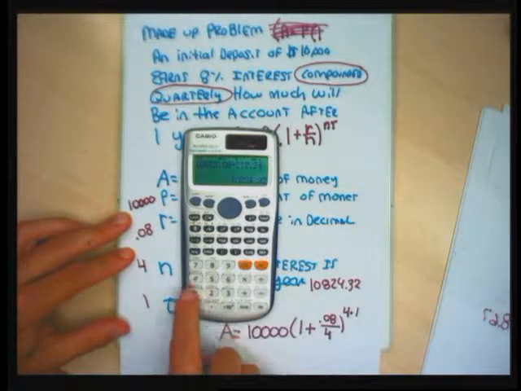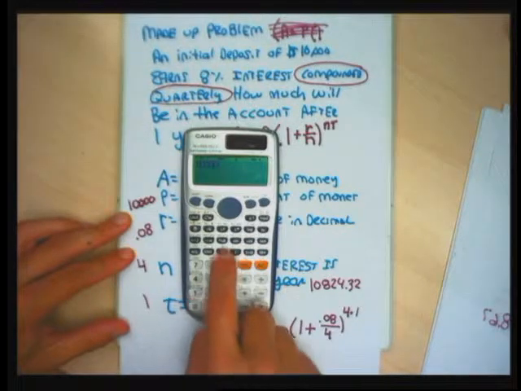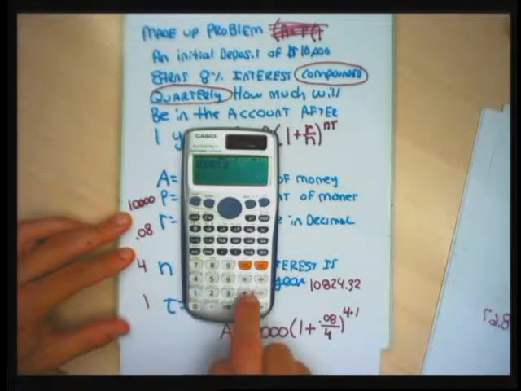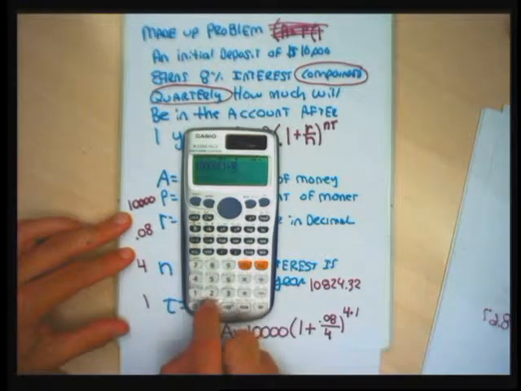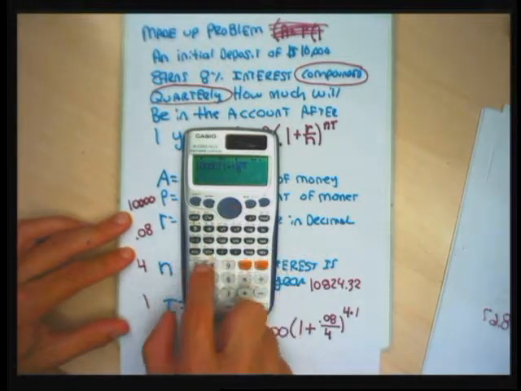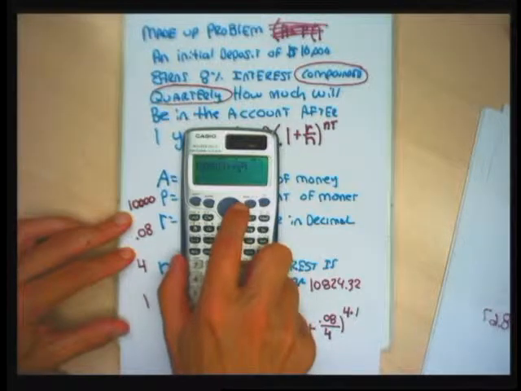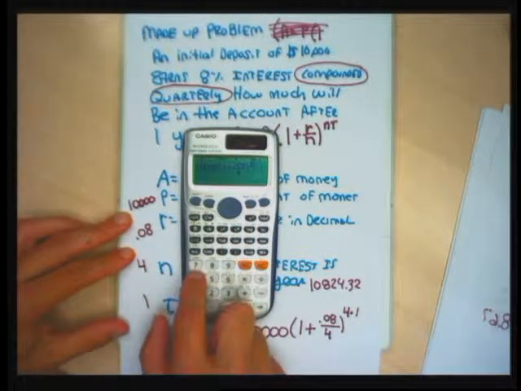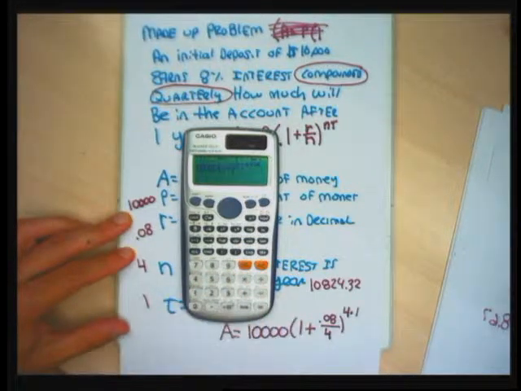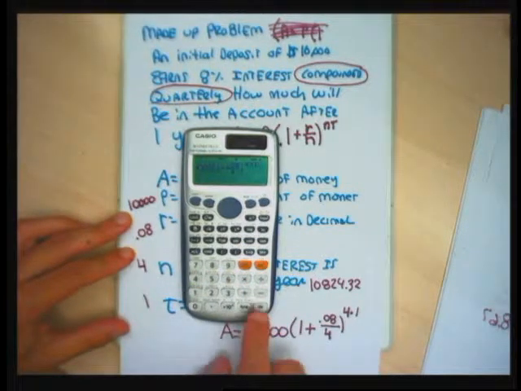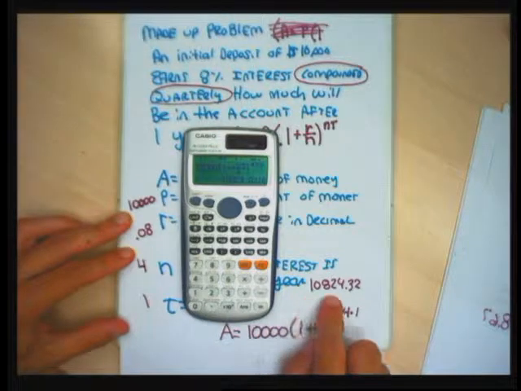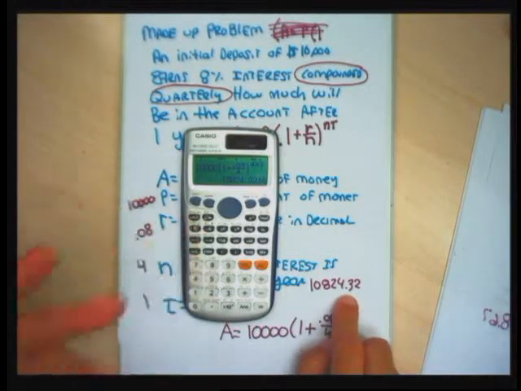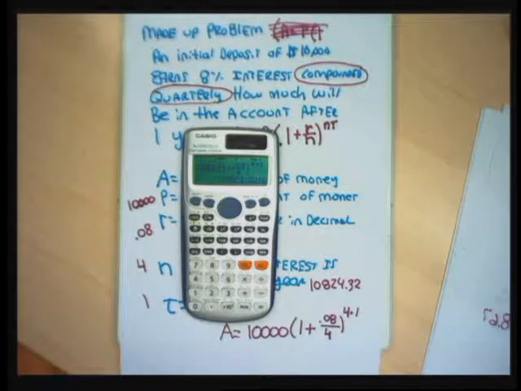So I'm going to go $10,000 times parentheses 1 plus fraction 0.08 over 4, get out of the denominator, close the parentheses, exponent 4 times 1, and when I hit equals, I get $10,824, and then something that rounds to 32 cents, because I had to round when I was making my table. I figure I'm going to have to round when I get my calculator answer.